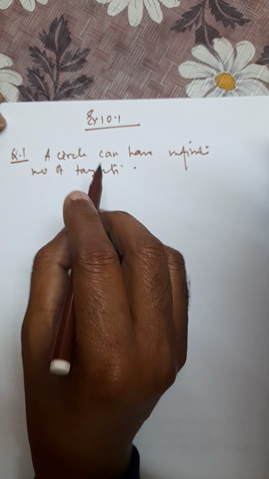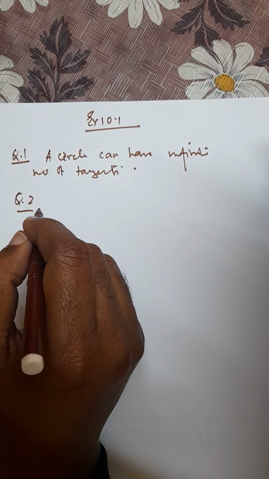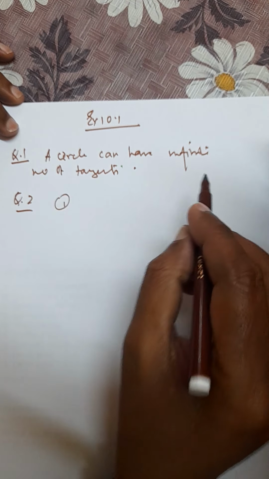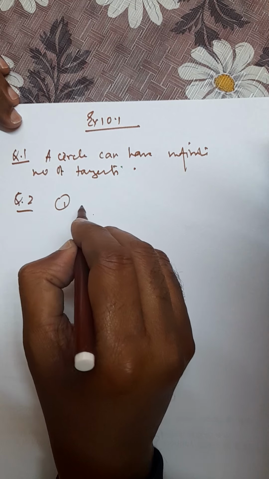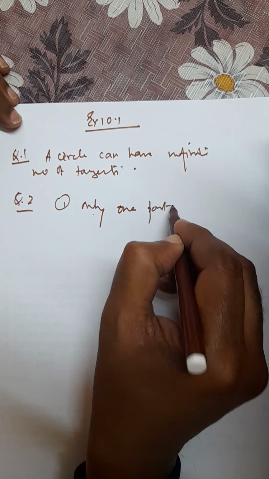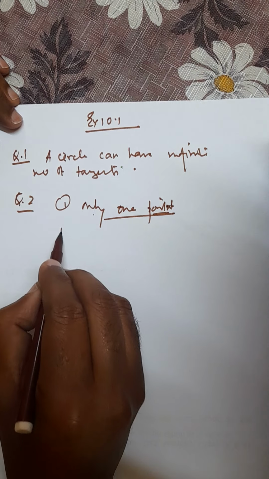Okay. Next question, fill up the blanks. A tangent to a circle intersects it at how many points? Only 1 point. Okay.